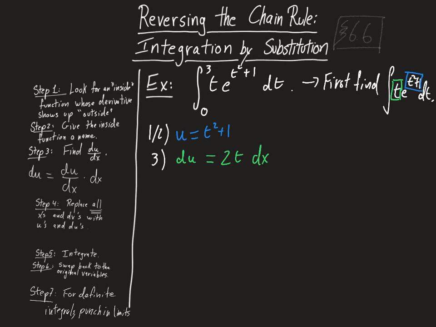Once again, you can see that we're off by a constant. And if you're just off by a constant, you are okay. Remember, off by a constant is fine. More than a constant is not. So here we're going to see that t dt is going to be equal to du over 2.